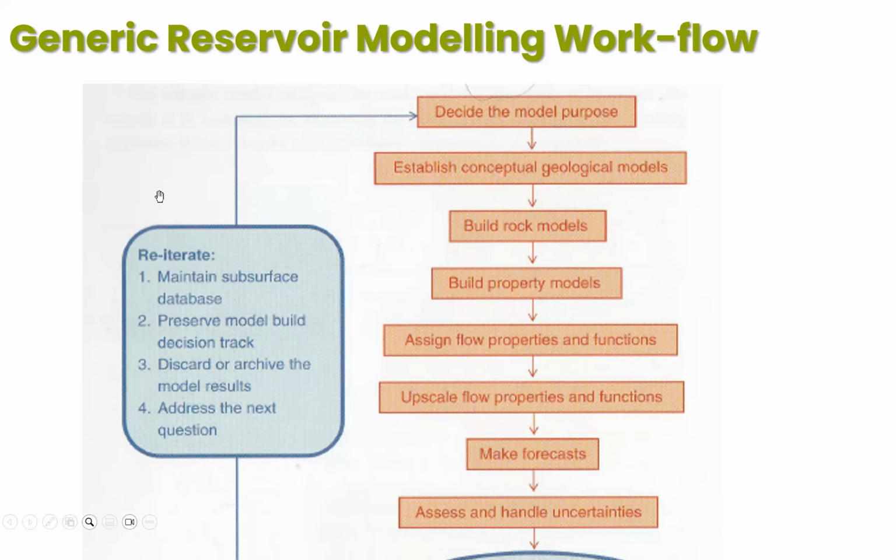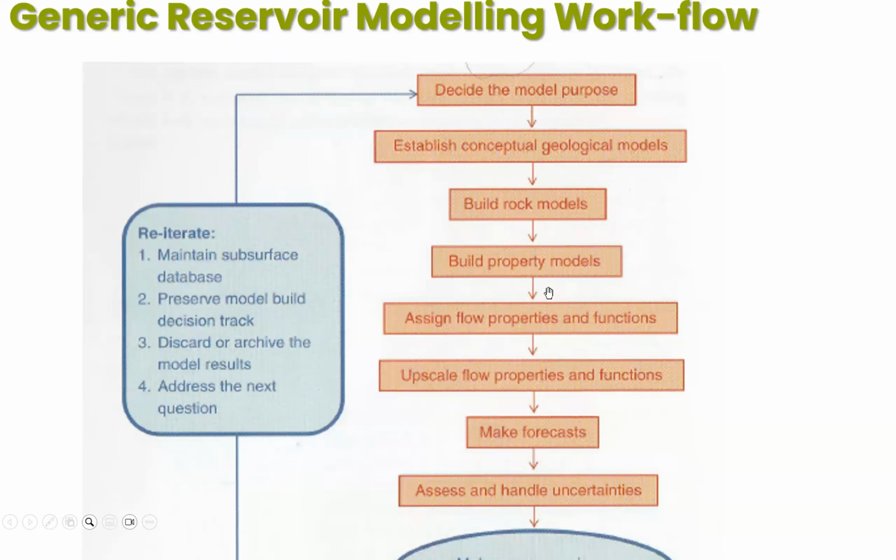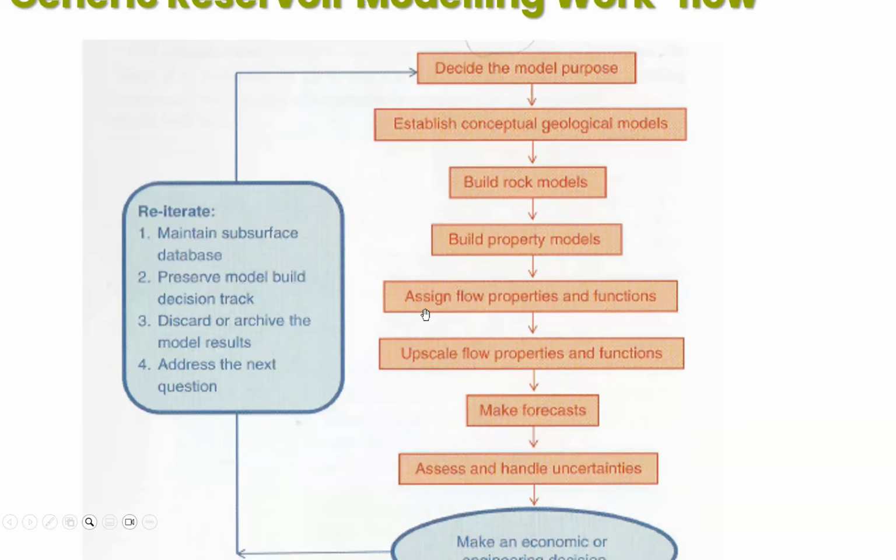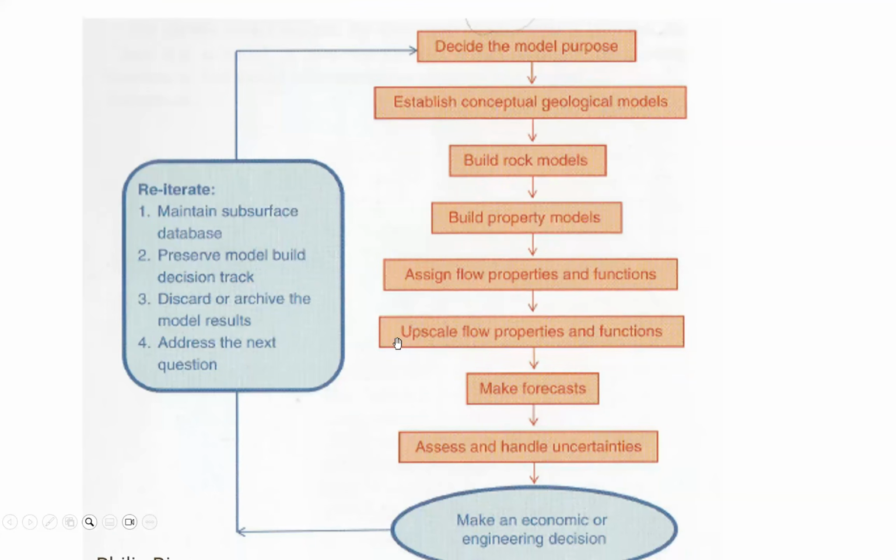Okay. You can build rock models. You can build property models like net to gross, porosity, saturation, permeability. Okay, rock types, facies. I'm just giving examples. Assign, and that's your static part more or less. Then you assign flow properties and functions. And in this part you need your reservoir engineer to give that information. Then you do the upscale of flow properties and functions.